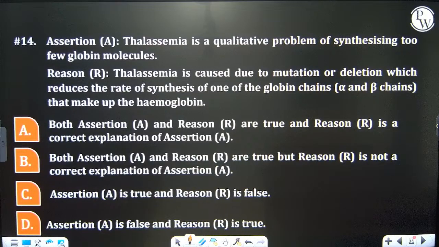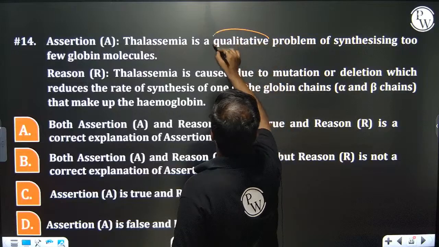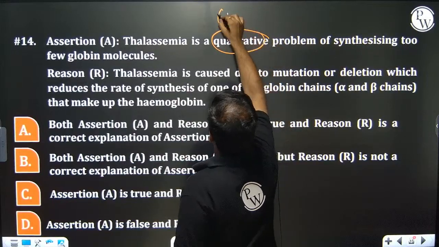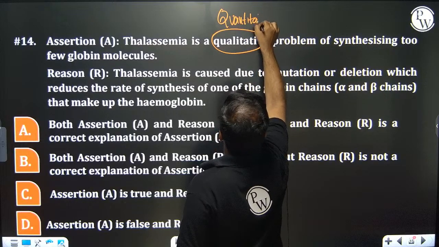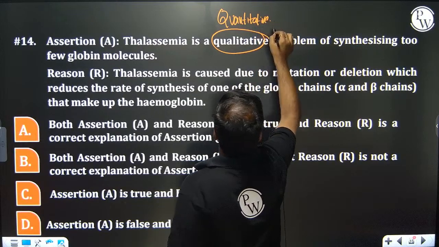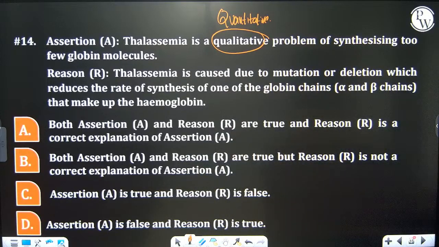Let's go through the next question. Thalassemia is a qualitative problem of synthesizing too few globin molecules. If I'm not wrong, it is not qualitative, it should be quantitative. It is quantitative, not qualitative.